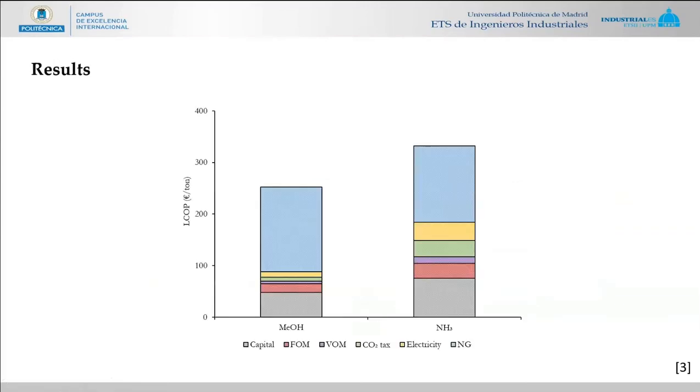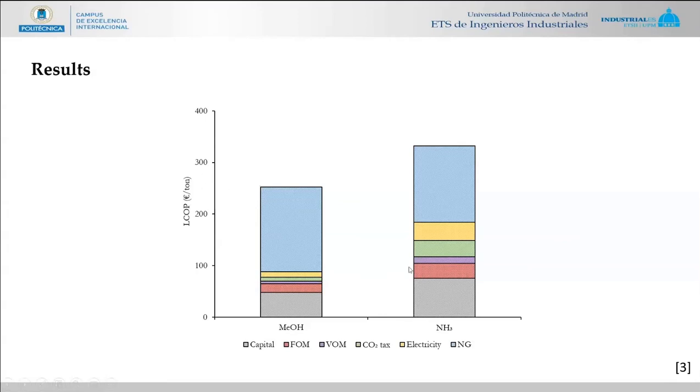Well, just to give a flavor of where this is leading, just some economic results with the economic Excel tool that I was mentioning. The levelized cost of product of the advanced methanol concept is around 240-ish, which, for you to have an idea, constitutes a 6.5% levelized cost reduction relative to the typical autothermal reforming methanol plant. Right?